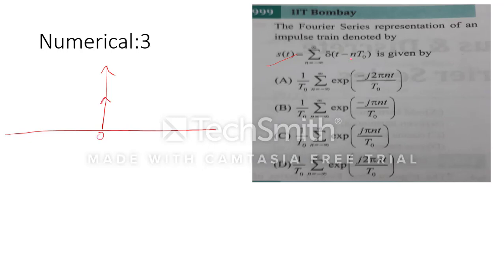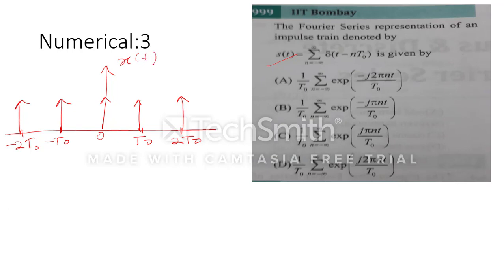If we put 1, we can see that two impulses will be present at T naught and minus T naught. If n equal to 2, it becomes 2 T naught and minus 2 T naught. In this way the different impulses will be present.